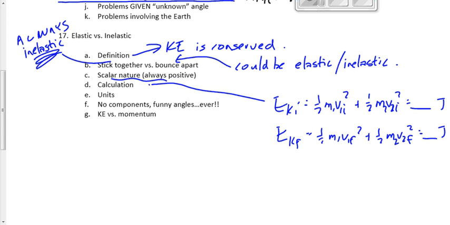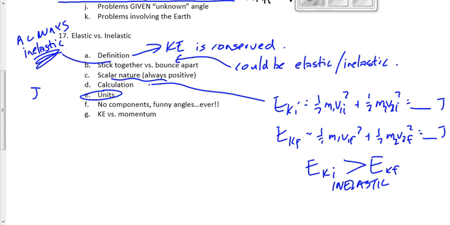If EKI is bigger than EKF, it's inelastic. EKF won't be bigger than EKI. If it is, you've made a mistake. Units, joules, always want to use joules here. We've used electron volts a lot since we've gone through atomic physics. Don't use electron volts here.